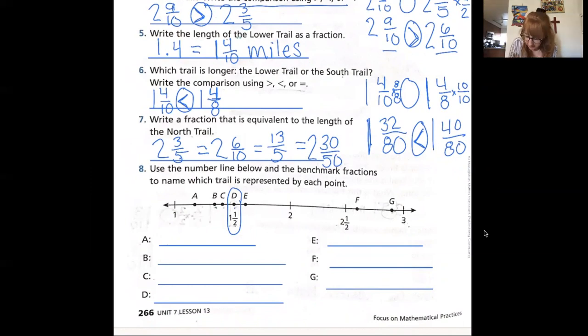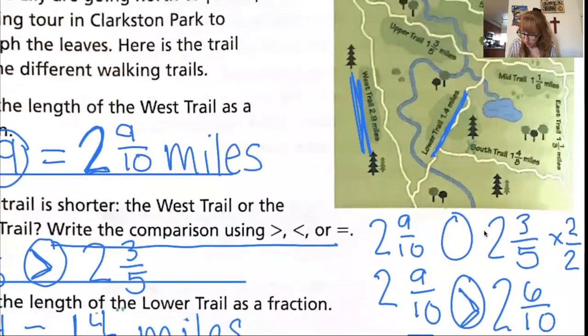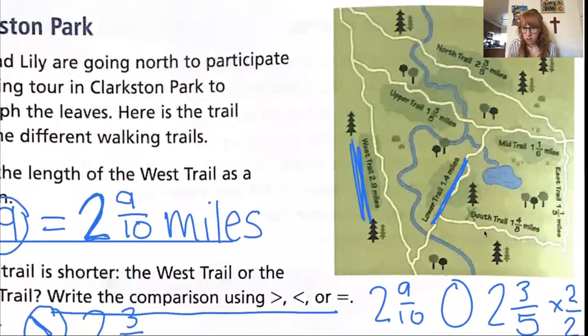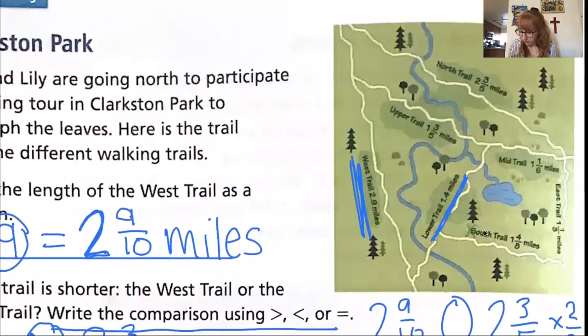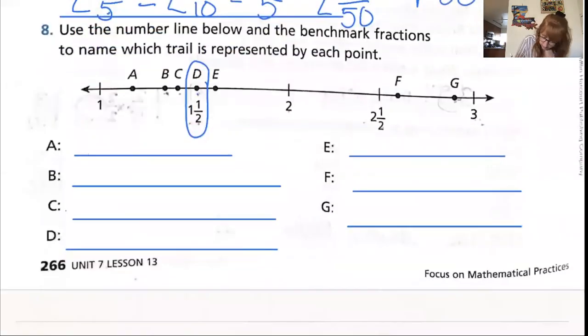So trail D resides at 1 1/2 miles long. If we look at our trail map, and we've already talked about it, the south trail is equivalent to 1 1/2. So I can go back down and put the south trail here.